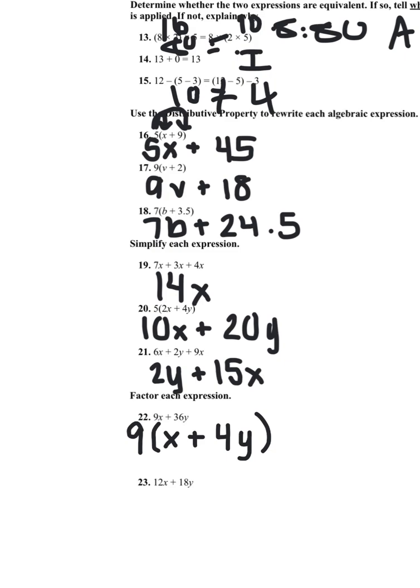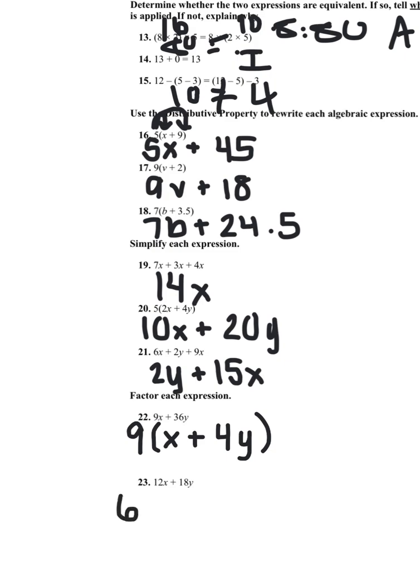For 23, just like we did for 22, we're going to look for our greatest factor that goes into both 12 and 18. Just like for 22, we could use 3, but we could also use 6 because 6 is bigger than 3 and it goes into both numbers, so we'd want to use that one.